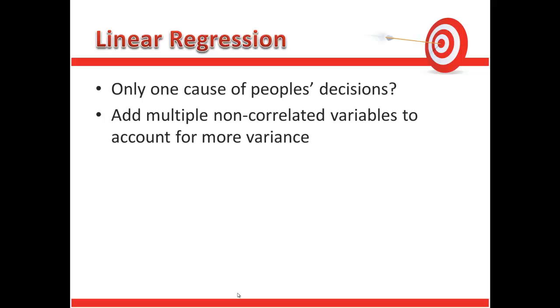So regression lets us add on multiple non-correlated or minimally correlated variables to account for more of the variance. One of the key assumptions with multiple regression, in this case multiple just meaning that we're considering multiple independent variables, is that our IVs shouldn't be related or correlated.